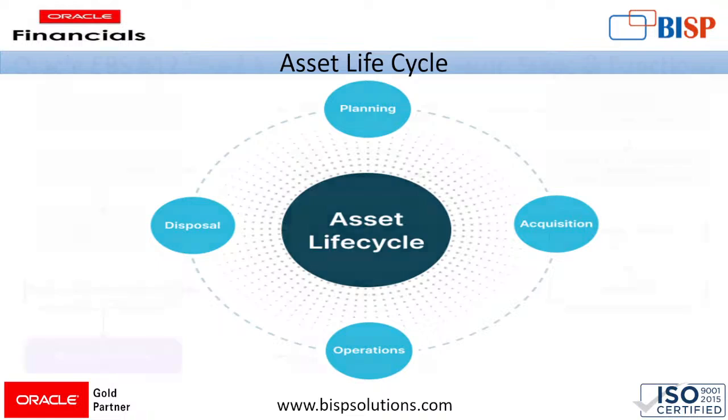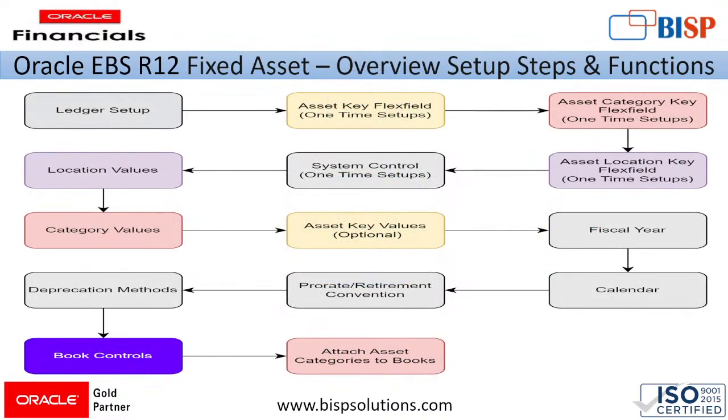Moving to the next slide. So this is an overview of steps and functions in Oracle EBS R12 Fixed Assets. Oracle Fixed Assets is one of the modules in the EBS Financial Suite. This module is used to record asset information manually and to import asset information from the Payables or Project module, etc. using mass additions.